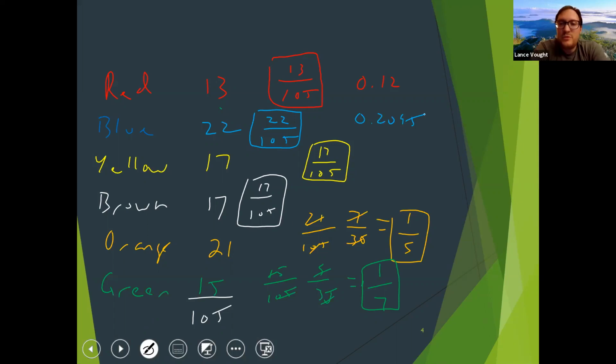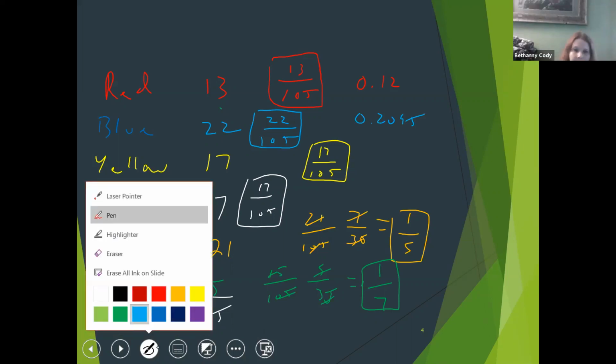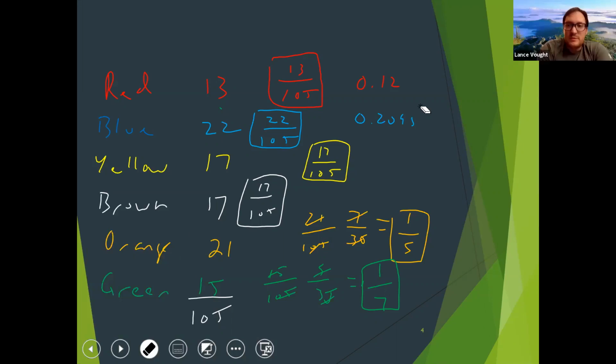So would this be 0.21 or 0.20? 0.21, right, because this rounds up to 1, this rounds up, and this rounds up. So we end up with 0.21.